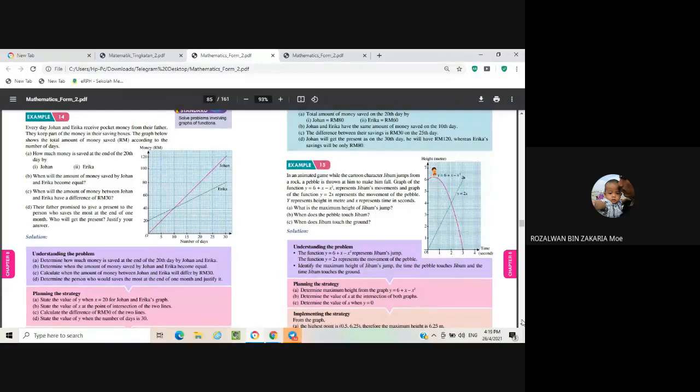If you look at the answer in the textbook, the highest point is 0.5. 0.5 is the value on the time, on the x-axis, and 6.25 is the value for height on the y-axis here. So I just want to confirm with all of you. If you do that one, did you get the answer? The height is equal to 6.25.